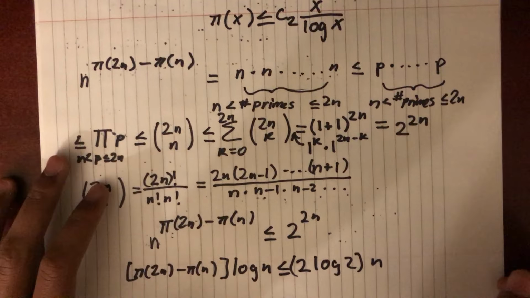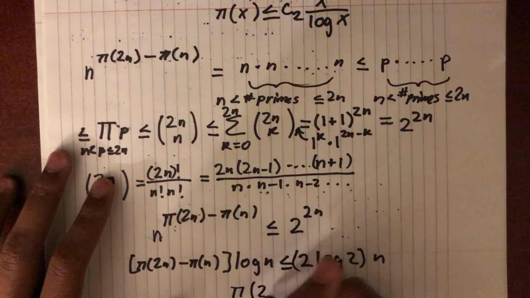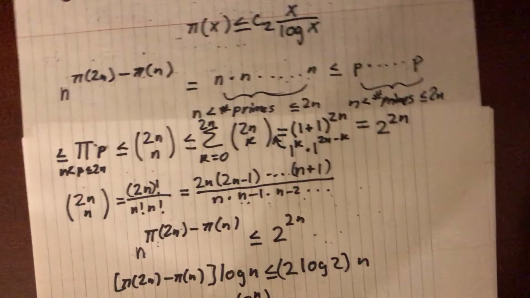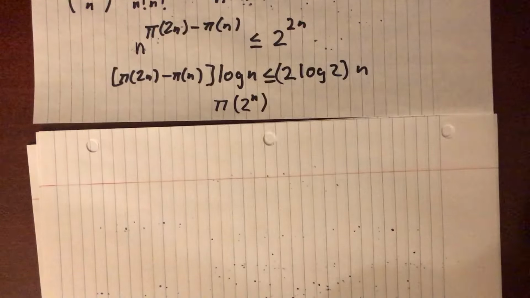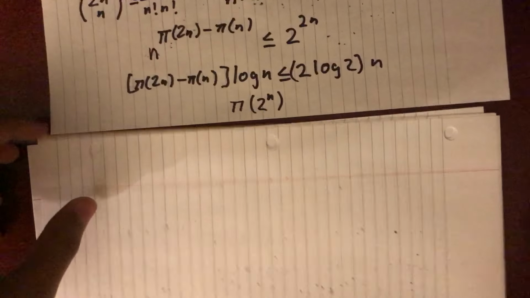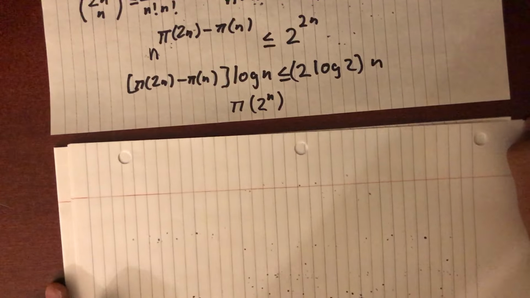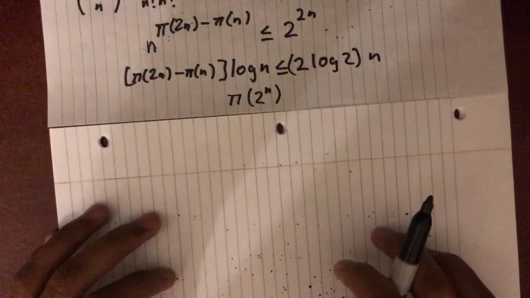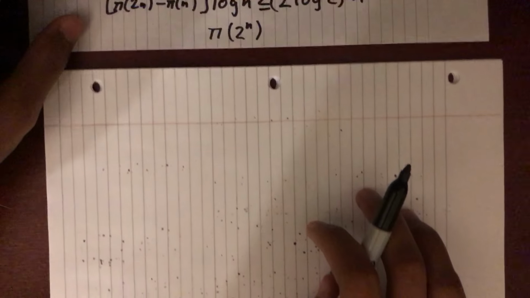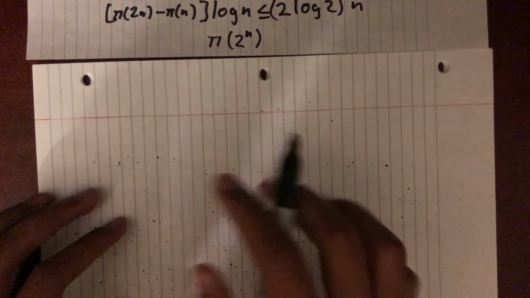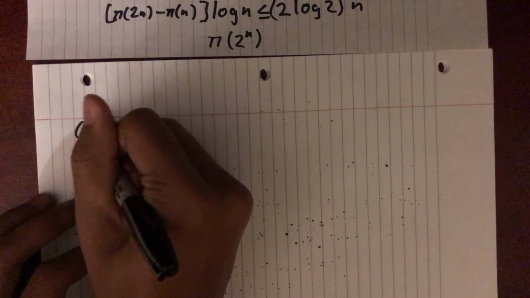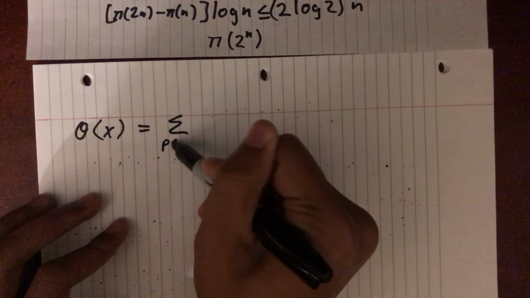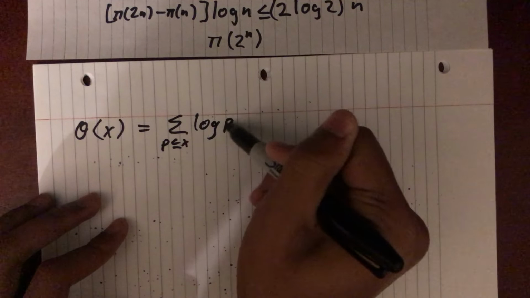Now I guess the next thing we want to do is try to come up with a bound for pi of 2 to the n. And so I'm not going to be completely rigorous here, but we're going to introduce a new function. So pi of x counts the number of primes less than or equal to x. And so perhaps I'll show this in another video, but we can use the first Chebyshev function theta of x, which is like the sum of the log of the primes.